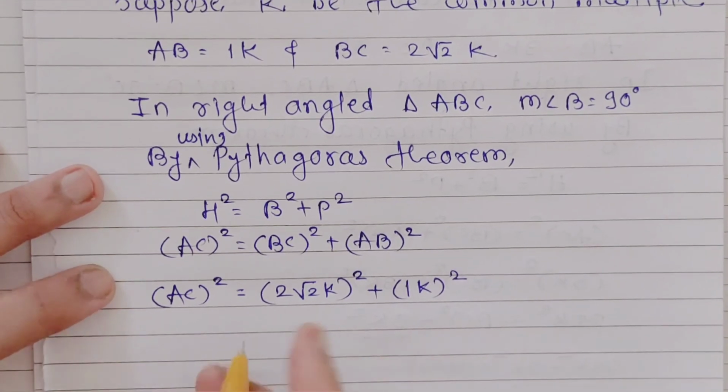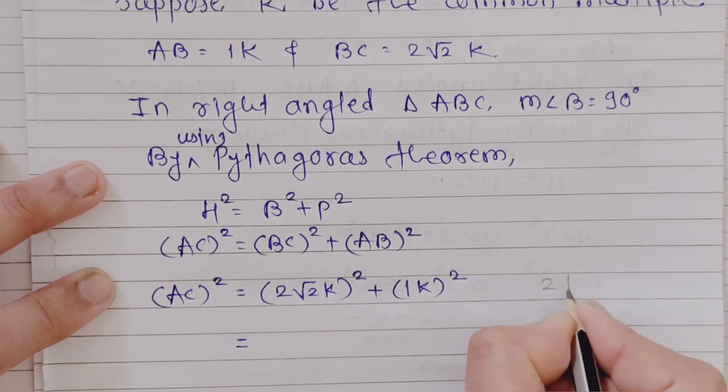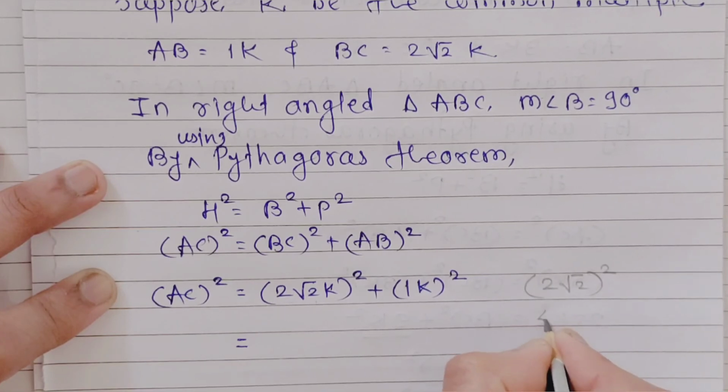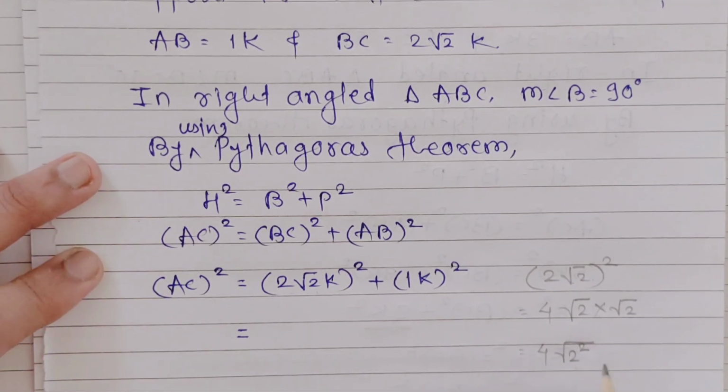Is it clear? So AC square is equal to, see here, (2 root 2) square, that means 2 square is 4, and root 2 square, that means root 2 into root 2. Is it clear? 4 as it is, and root 2 into root 2, that means under root 2 square, the square and square root will cancel. 4 into 2, is it clear?